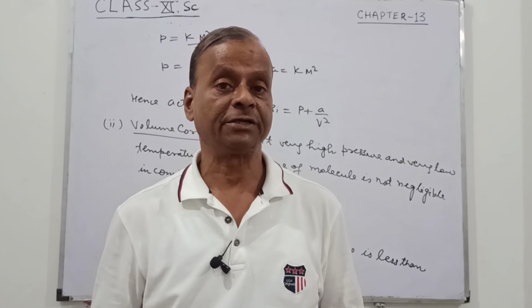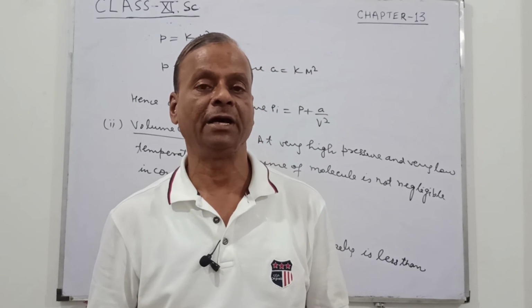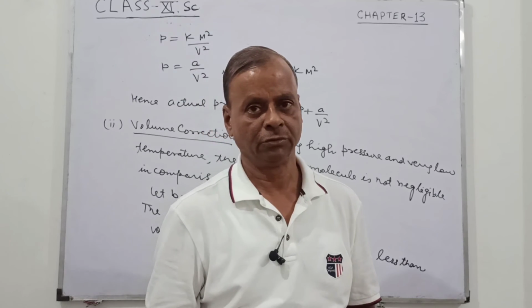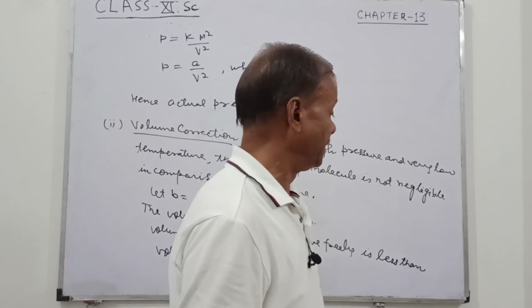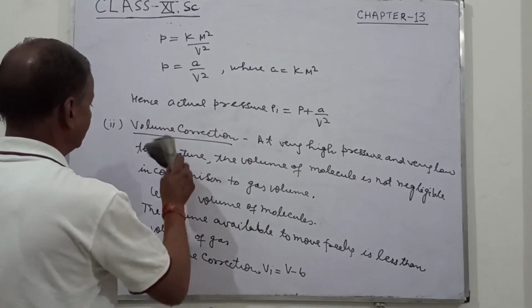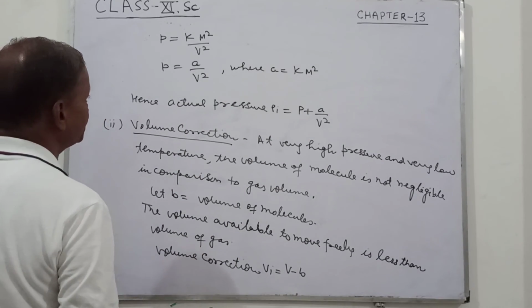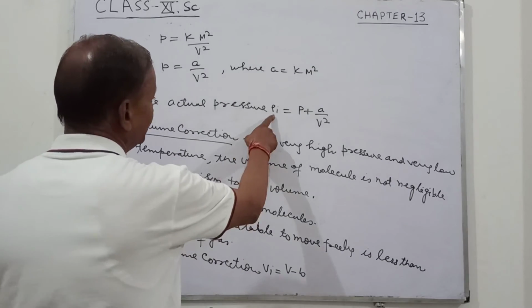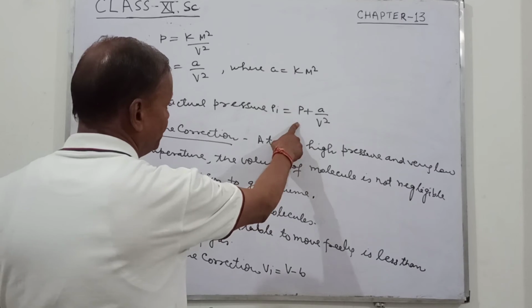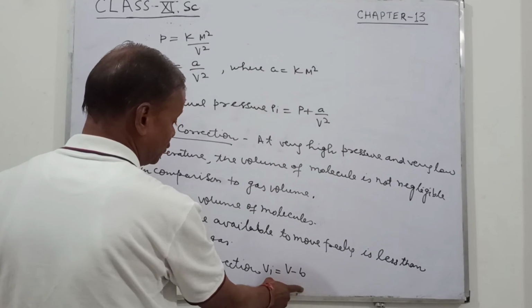So these are the two factors when the pressure is very high and temperature is very low. So the new gas equation: in place of P_i and V_i, we write P plus a upon V square, and this is now V minus b.